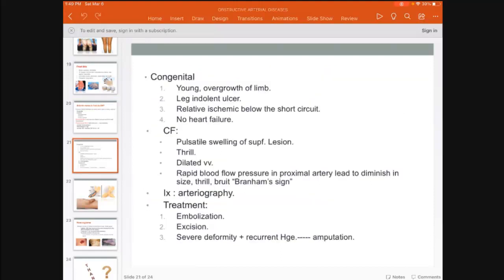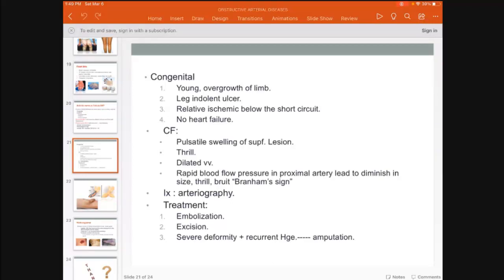The congenital one, how is it different from the acquired? It is very important. When it is congenital, already from birth and in the young, and it affects only one part, you can see an overgrowth of the limb. You find one arm longer than the other, or in the lower limb, a leg with indolent ulceration and relative ischemia below the short circuit. Here, when the artery is connected with the distal vein, you have little ischemia, but they do not get heart failure.